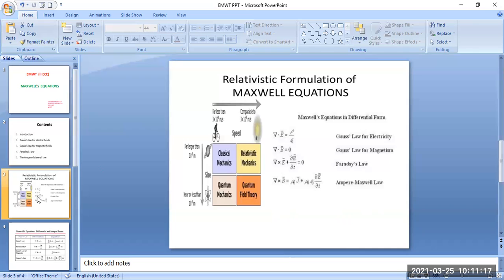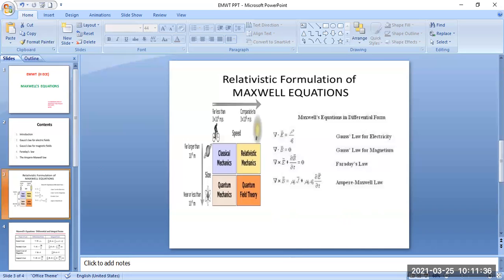By using Maxwell's equations, we can also derive the relationship between the electric field and the magnetic field.